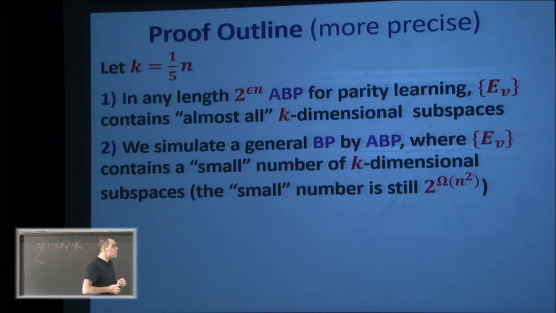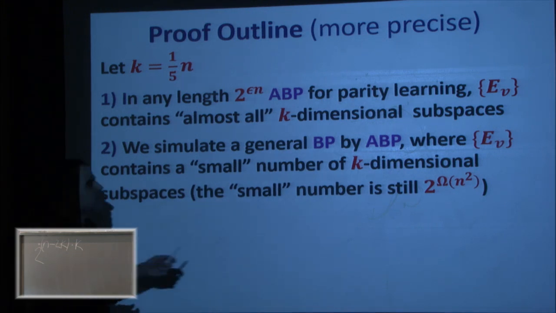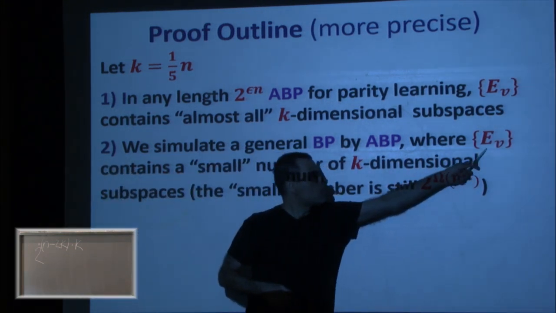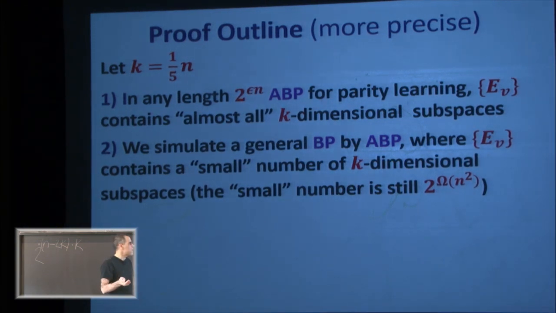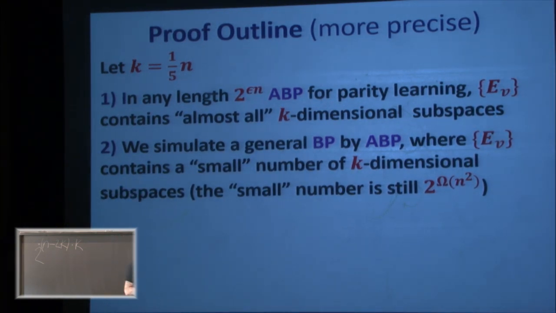What we will do is show how to simulate a general branching program by an affine branching program, where for all the vertices V, we only have a small number of subspaces of dimension k.